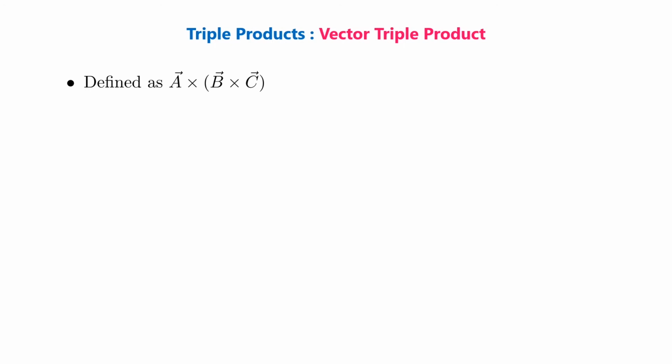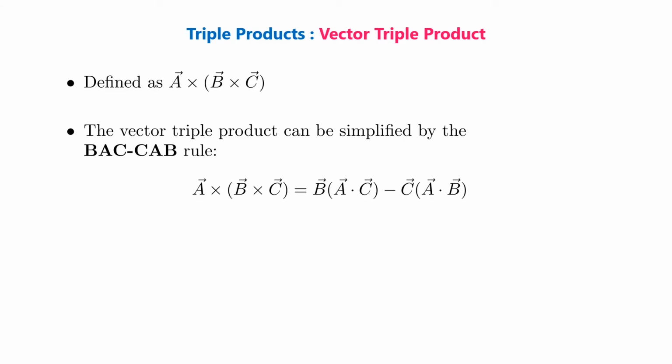Now we will discuss the vector triple product. A vector triple product is defined as vector A cross vector B cross vector C. The vector triple product can be simplified by the BAC-CAB rule.